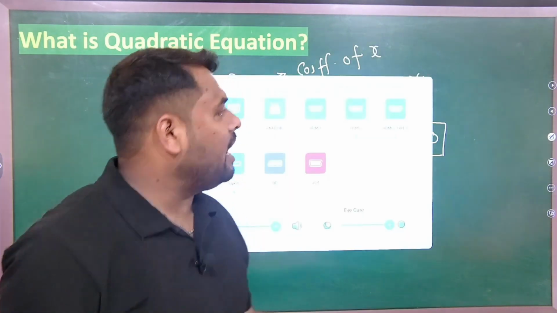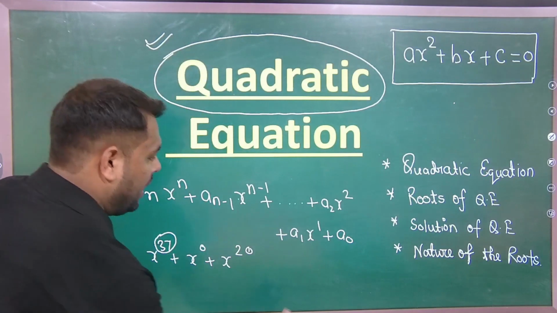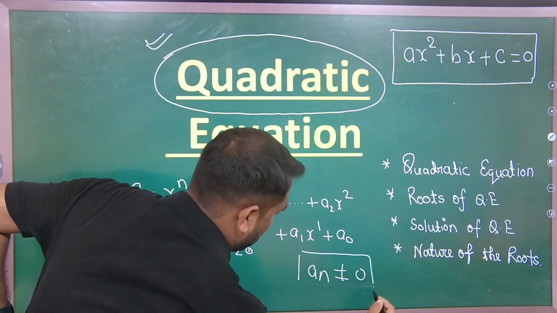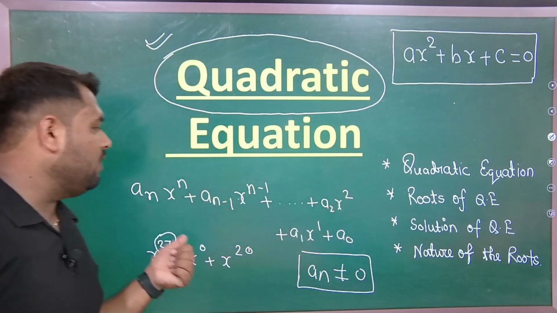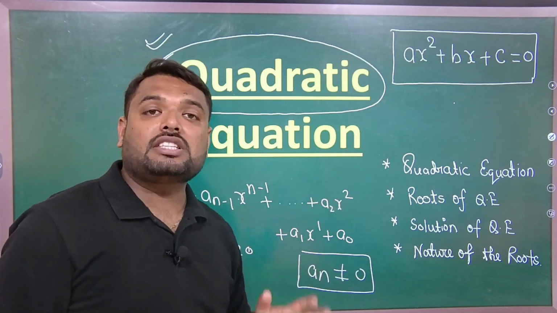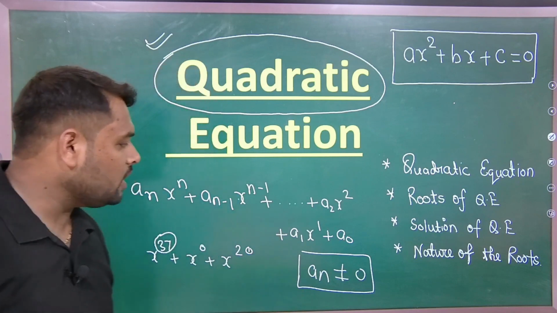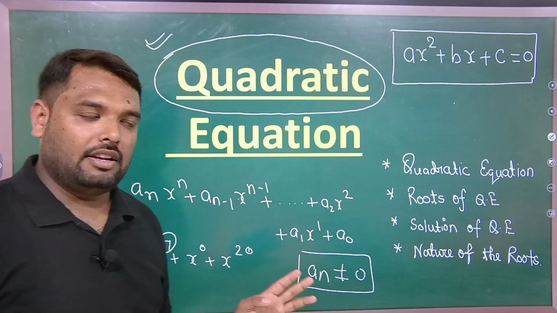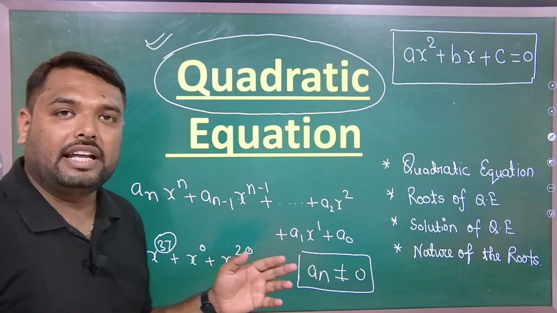Whenever you have heard about polynomials, I think you may have seen that an cannot be equal to 0 in this expression, and the power of any variable should not be negative. That means the power of a variable must be a positive whole number only. Got the point? It cannot be a fraction, it cannot be a root, it cannot be a decimal, anything else.